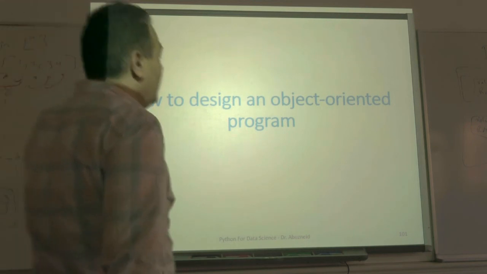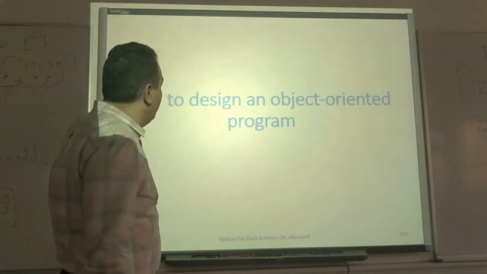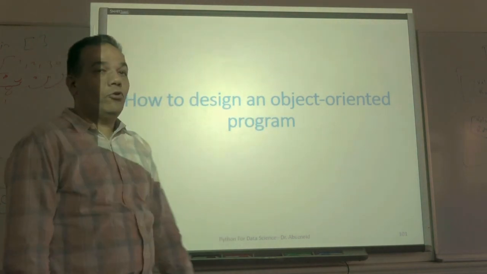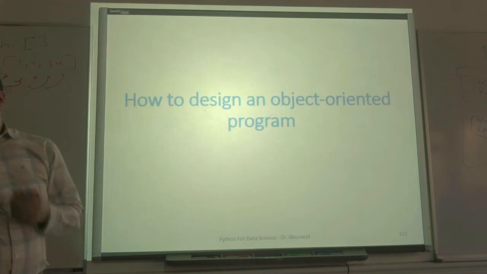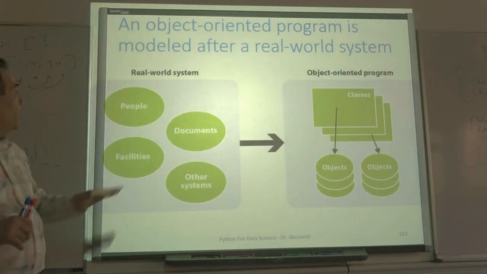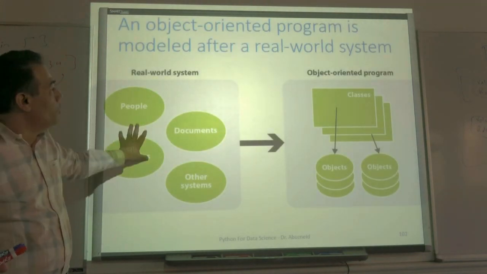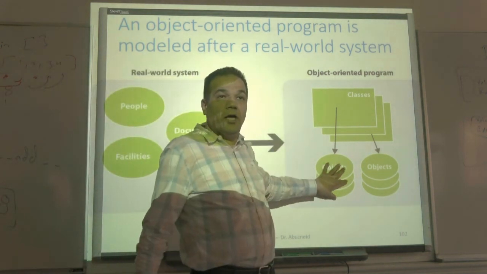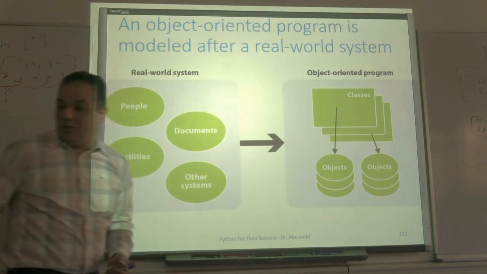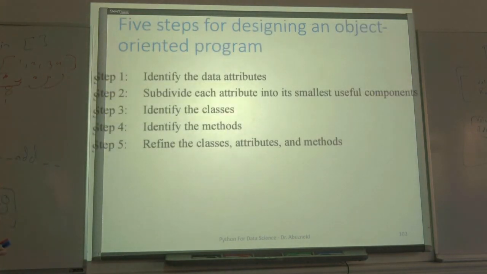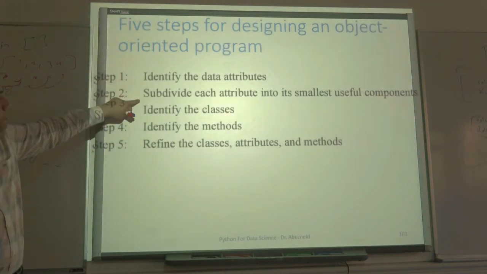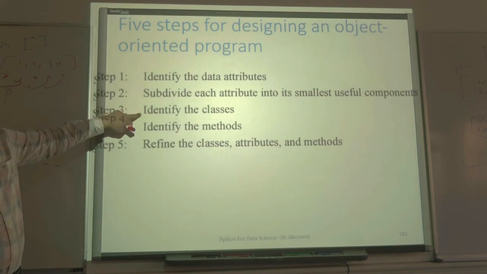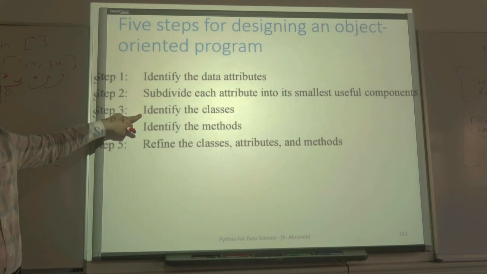So the next section I leave it for you. It's a very simple thing: how to design object-oriented programming. First of all, you have to think about what the real-world system is. Then you have to divide it into classes and decide how you create the objects. This depends on the problem. So identify the data attributes, and subdivide each attribute into its smallest useful component. Identify the classes, you have to create your classes.